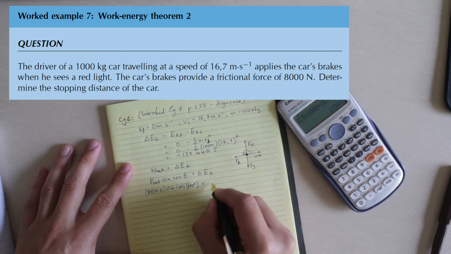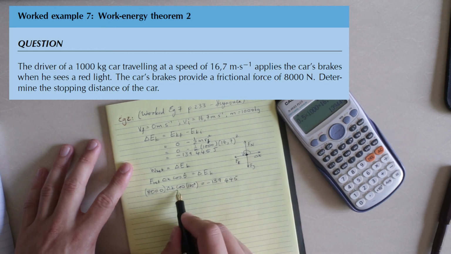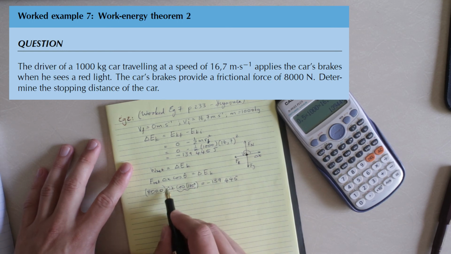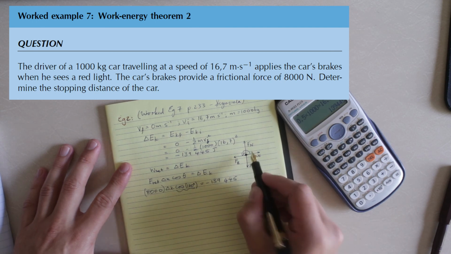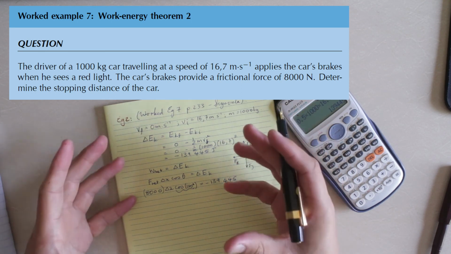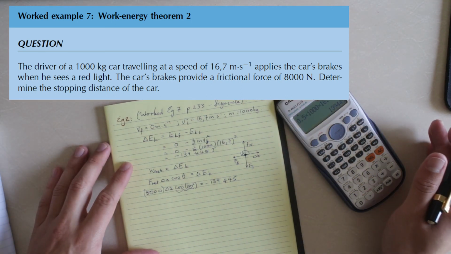And that gives me an answer of negative 139,445. We can see that cos 180 degrees is going to be -1, so it will cancel out with that negative answer, so that I find a positive displacement. And that makes sense, because I'm going to be moving forwards. I've got an initial velocity, I'm applying brakes, and the car is going to be moving forward for a while until it comes to a stop.